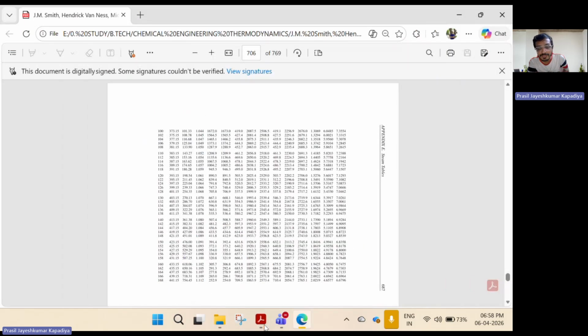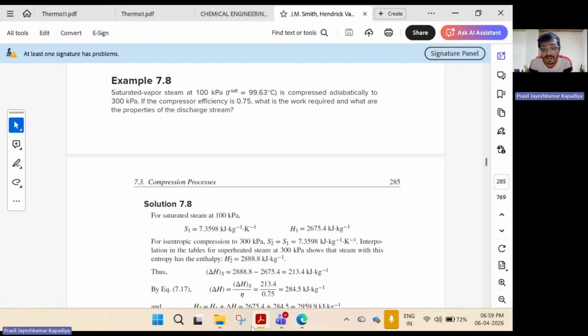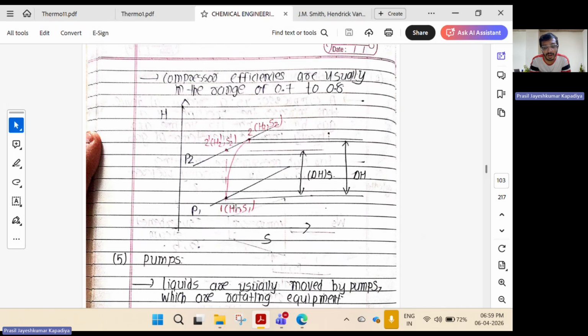And H1 can be, similarly, between 2676 and 2674. So this value is taken. Now what do you know? You know this H1 and S1.